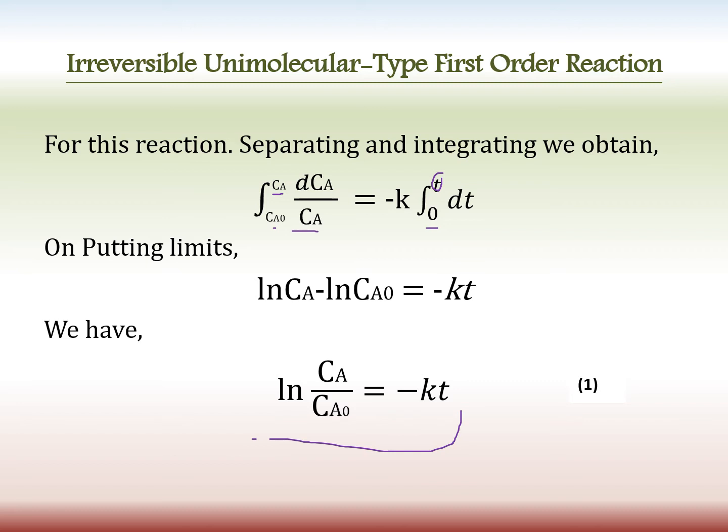Now if we consider ln C_A over C_A0 as y, and compare this equation with y equals mx, and plot a graph. Since graphs are very important in CRE, we can show the reaction kinetics. We all know that if we have a slope like this, whose line lies in the second and fourth quadrant, this slope is definitely negative.